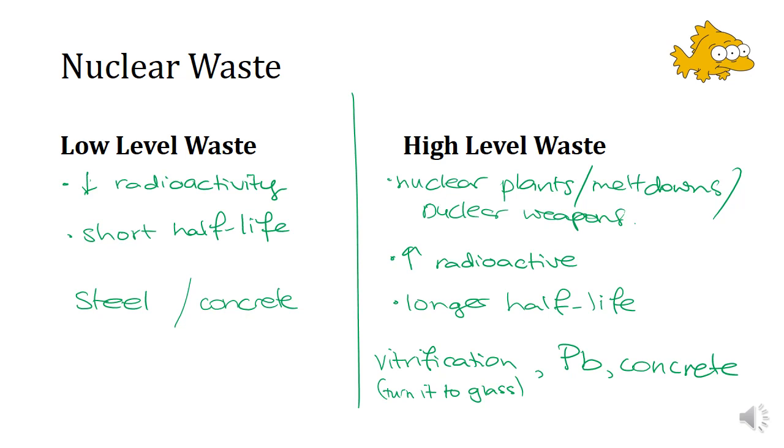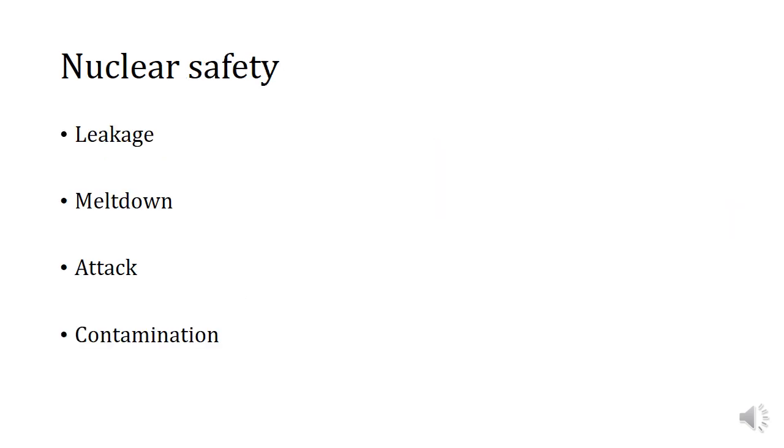Let's continue on. So leakage of radioactive material can happen during transport, or if there's an issue at the power plant. So it happened at Fukushima, which is obviously in Japan, and it also happened at Chernobyl.